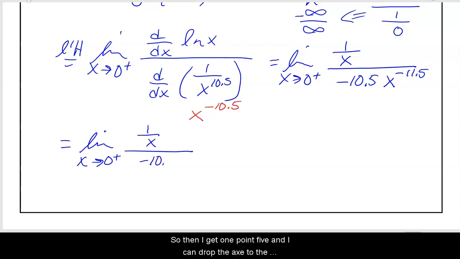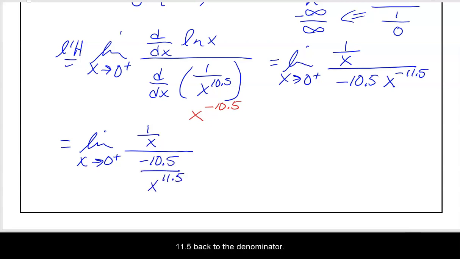So then I get 10.5, and I can drop the x to the 11.5 back to the denominator. Now remember, when you have a complex fraction, that's fraction divided by fraction, you take the reciprocal of the denominator fraction and you multiply by it.